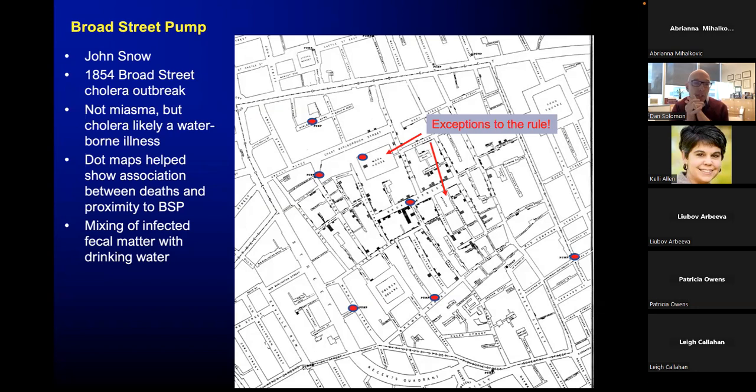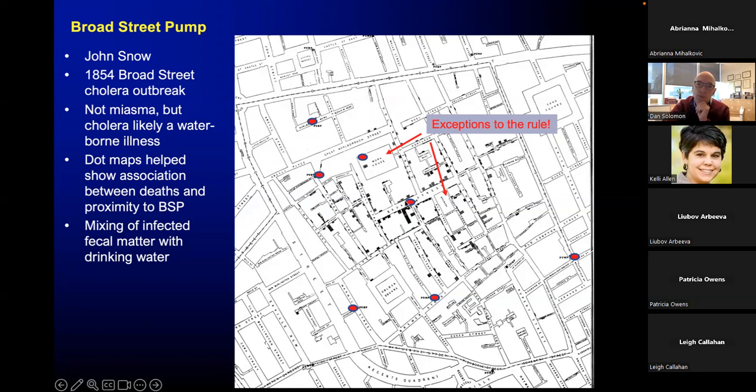And again, the dots help to show the association through proximity to the Broad Street pump, the BSP. What ended up being clear was that there was a mixing of infected fecal matter with drinking water causing the cholera. But the exceptions to the rule were really important.